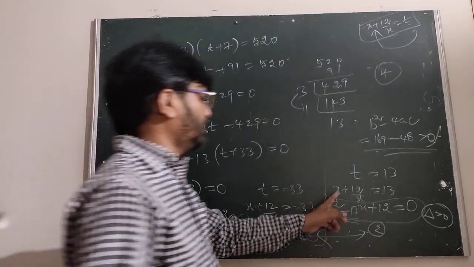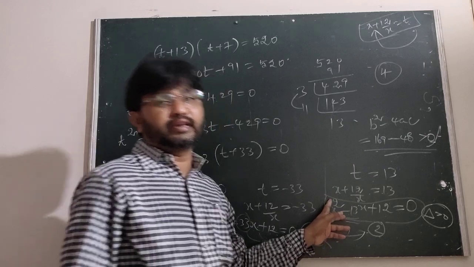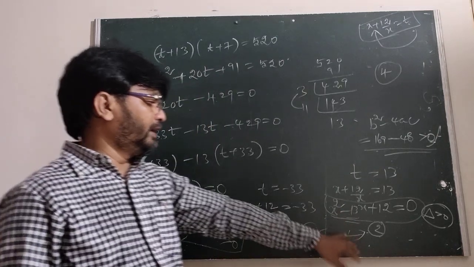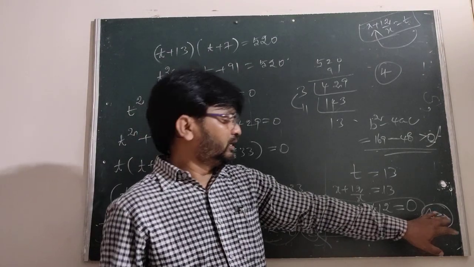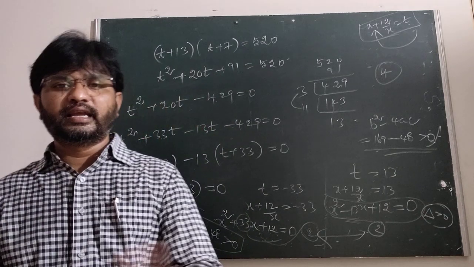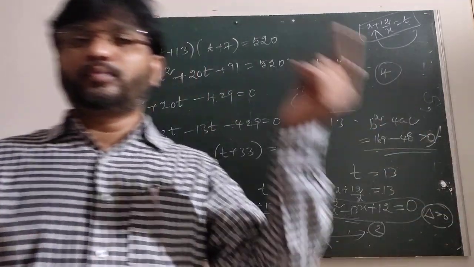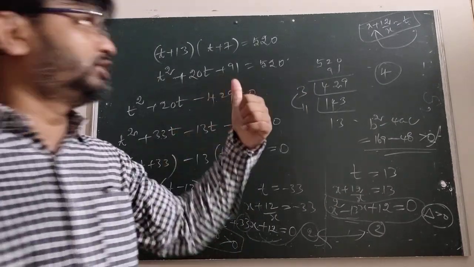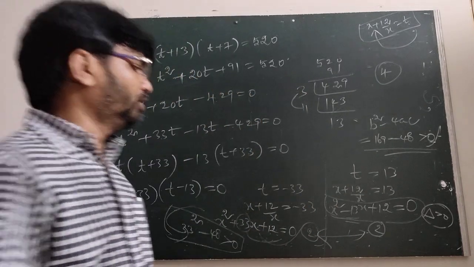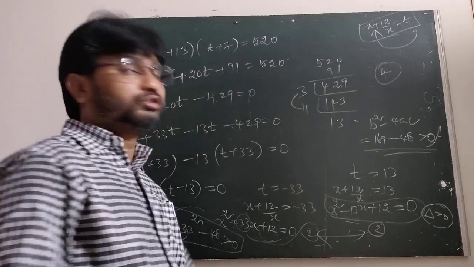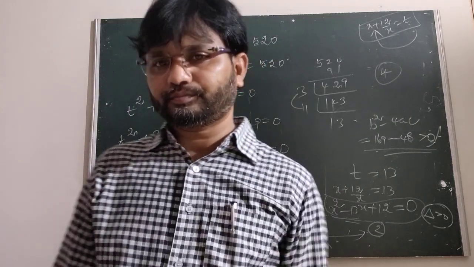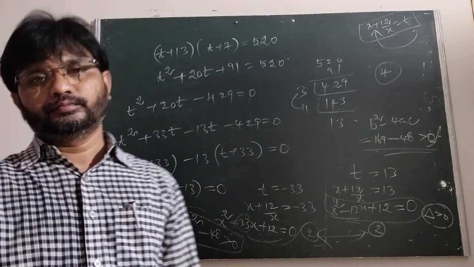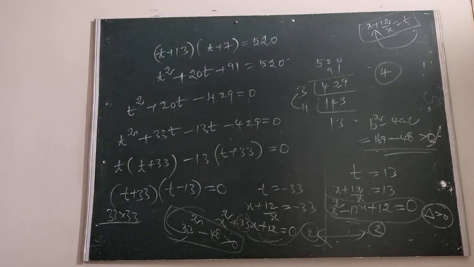Then x plus 12 by x gives a quadratic equation, so we find the discriminant. If the discriminant is greater than 0, the roots are real and distinct. If the discriminant is less than 0, undoubtedly the roots are imaginary, but the question asks only for real roots. Therefore the number of real roots is 4. Okay, understand?